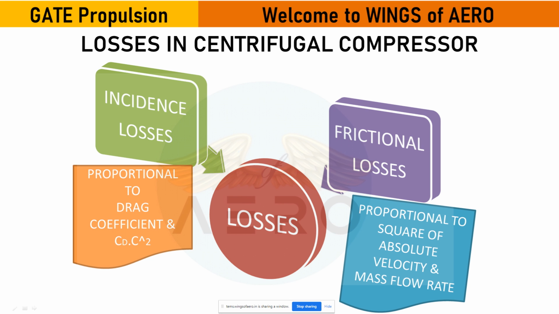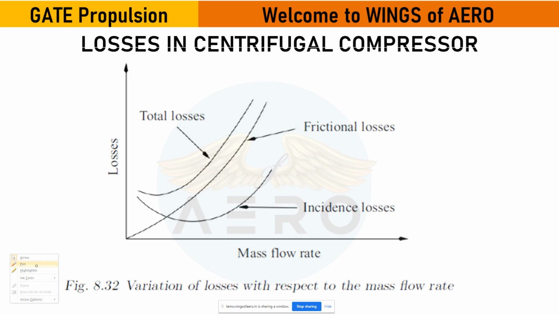Next, the incident loss is proportional to the drag coefficient. Incident losses occur based on the component thickness, the blade size, the number of blades, and all those parameters. So this is directly connected with the drag coefficient. This is also dependent on the mass flow rate.